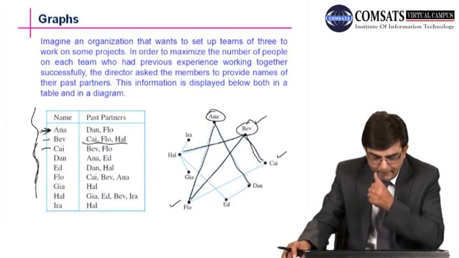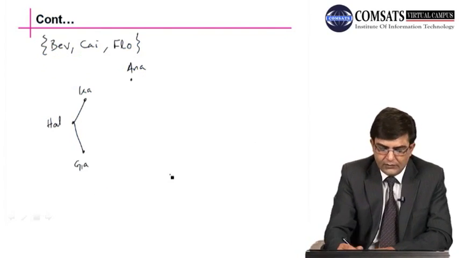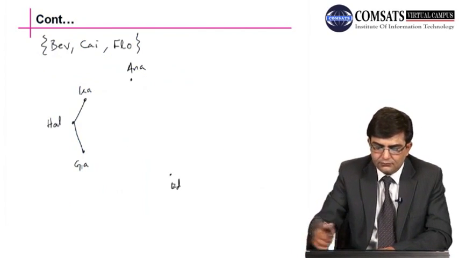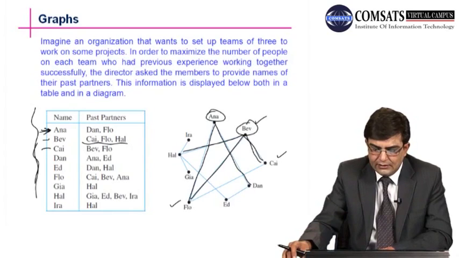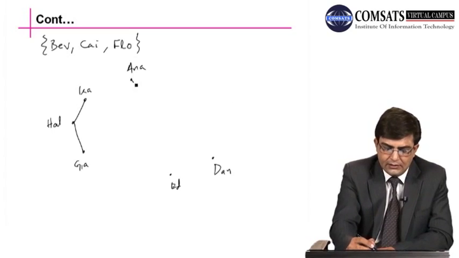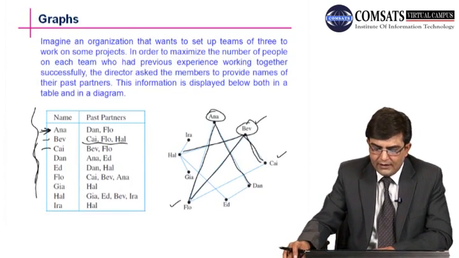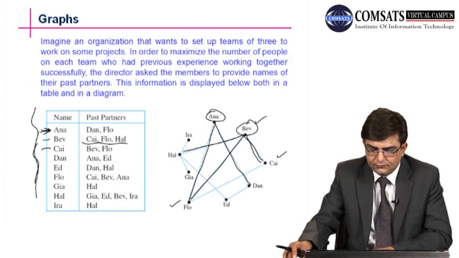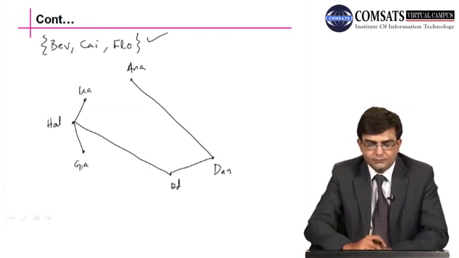Anna and Ed, and Dan will come here. Anna is connected with Dan, Dan is connected with Ed, Ed is connected with Hal. So 3 persons have now been excluded from the graph.